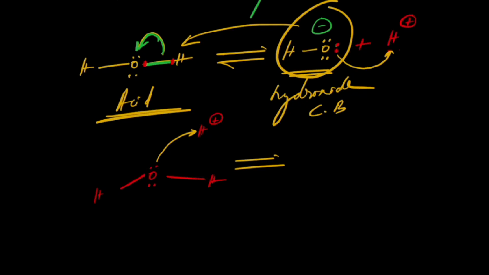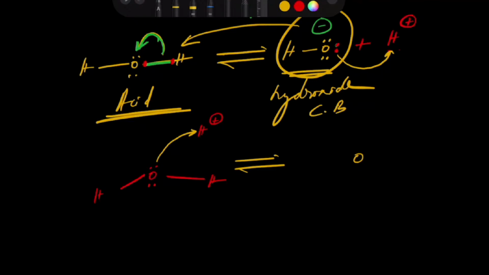So what will you get here? You will get oxygen, with these two hydrogens, and one more new bond is formed here, and one lone pair remains as it is.